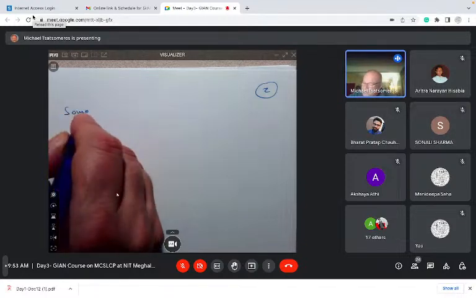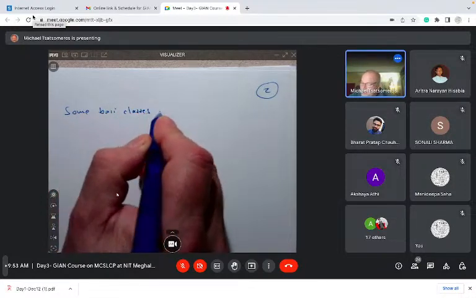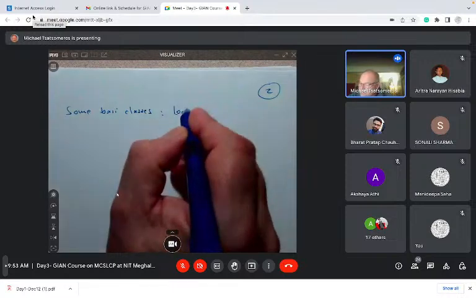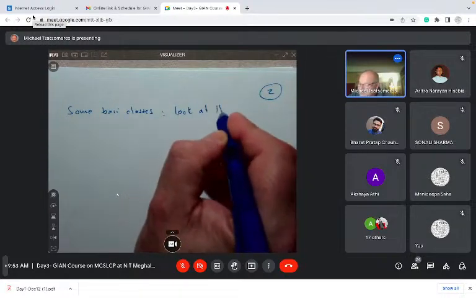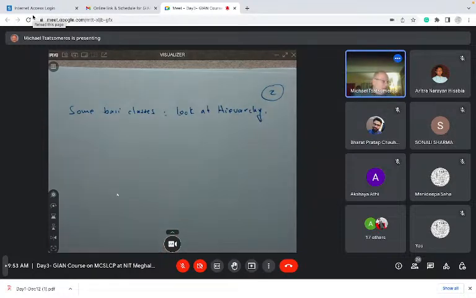Some basic classes: look at the hierarchy. Remember, we had a nice hierarchy, and the first line said all kinds of non-negative type matrices were P matrices, and therefore they were strictly semi-monotone matrices.